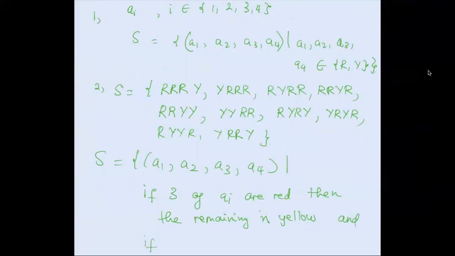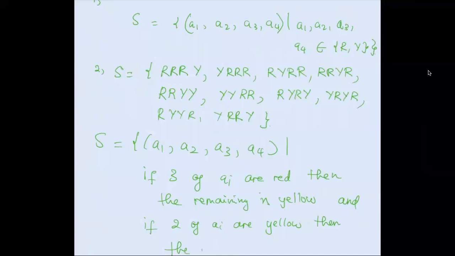And if two of the Ai's are yellow, then the remaining is red. So we don't allow the case where we have four red, and we don't allow the case where we have more than two yellow.